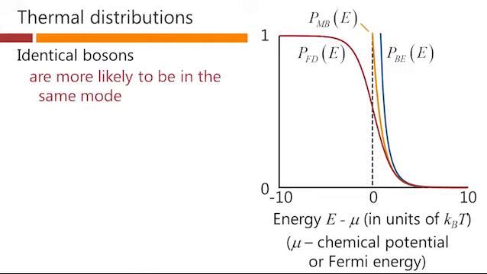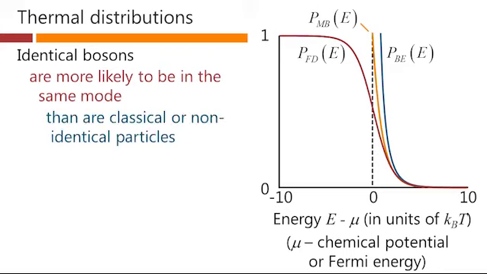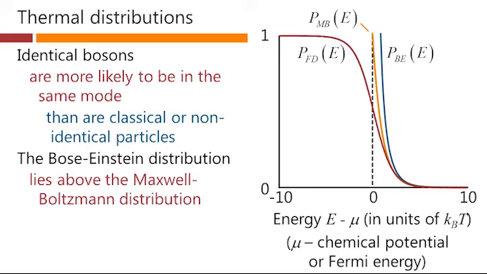Note that for the identical bosons, they are more likely to be in the same state or mode than are classical or non-identical particles. That is, this blue curve here for the Bose-Einstein distribution is at all times higher than the Maxwell-Boltzmann curve. So identical bosons are more likely to be in the same mode than are classical or non-identical particles. The Bose-Einstein distribution lies above the Maxwell-Boltzmann distribution.